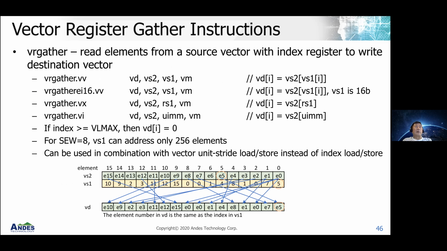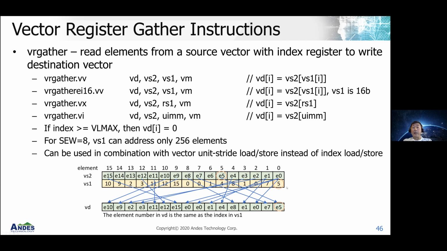Okay, so the gather instruction, if you look at it, is pretty much very similar to the load store, the index load store. VS2 is the source, the input, and VS1 specifies the index, right?